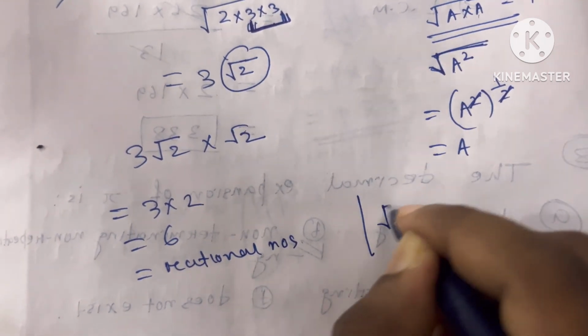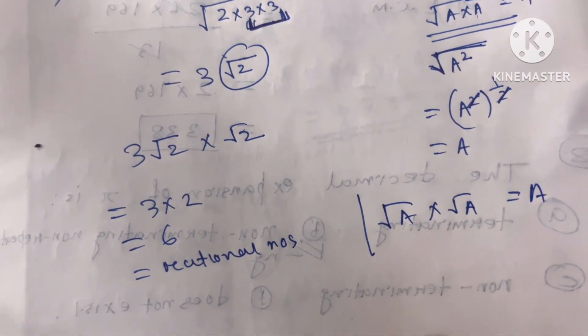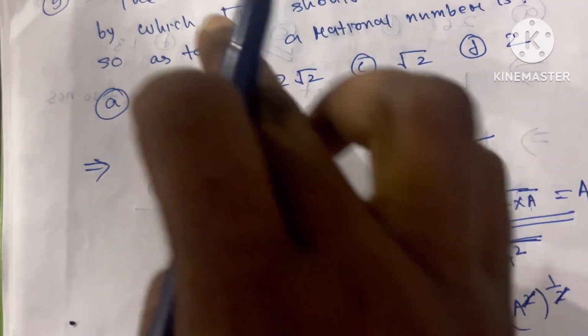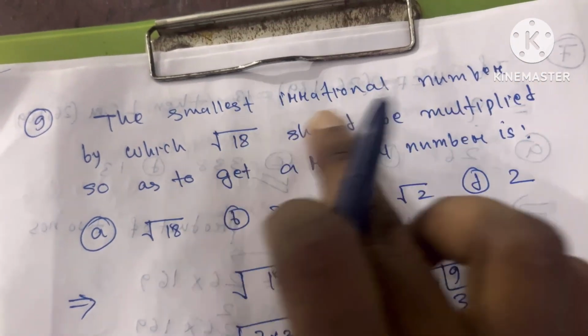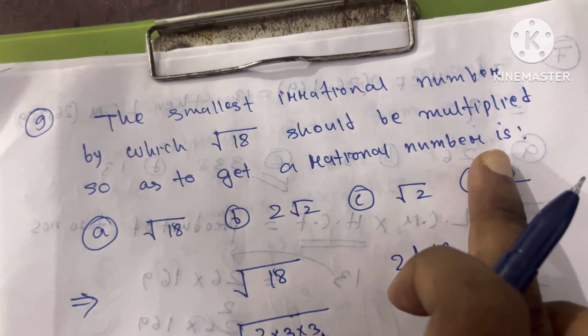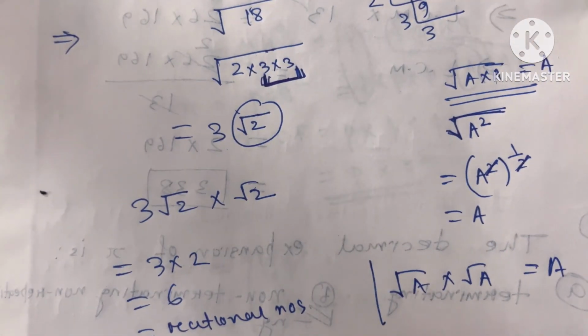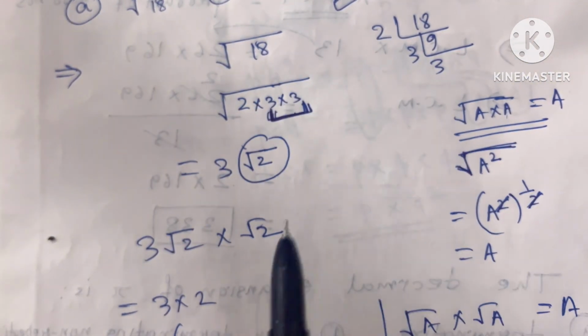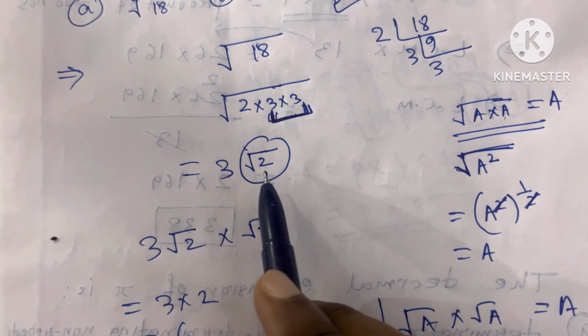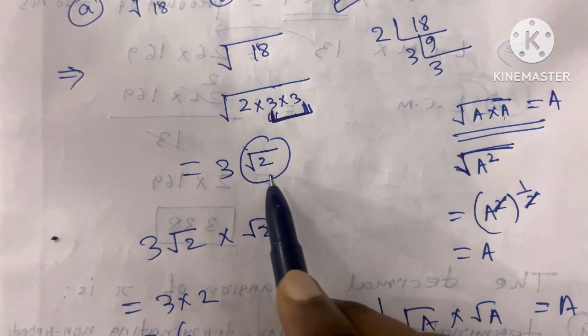Because as you know, root over a into root over a is a. So the smallest irrational number by which root over 18 should be multiplied so as to get a rational number is root over 2, because after factorizing root over 18, I got 3 root 2. For converting 3 root 2 into a rational number, you have to remove the root 2.